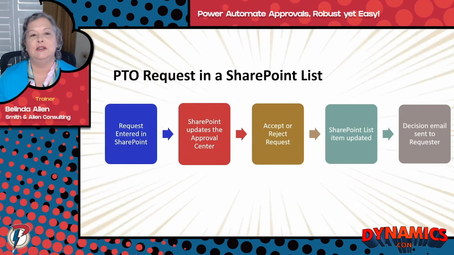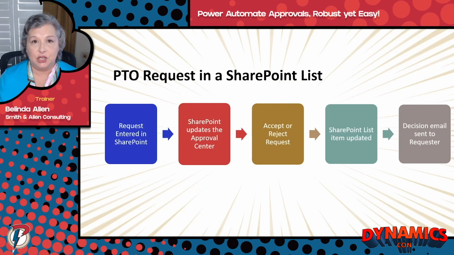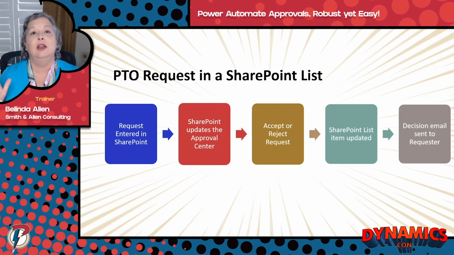So what we're going to look at specifically is a PTO or paid time off request. I have a list in Sharepoint that manages paid time off. So what would happen if we start from the left and work our way to the right? Someone enters a request in the Sharepoint list. As soon as that item gets added, it says we need to get approval.